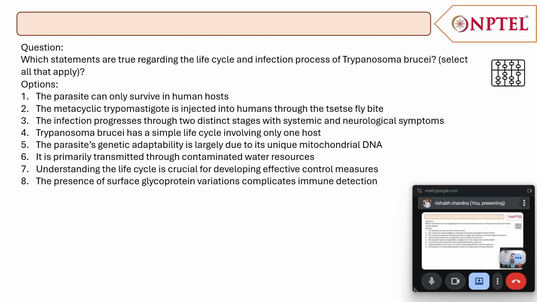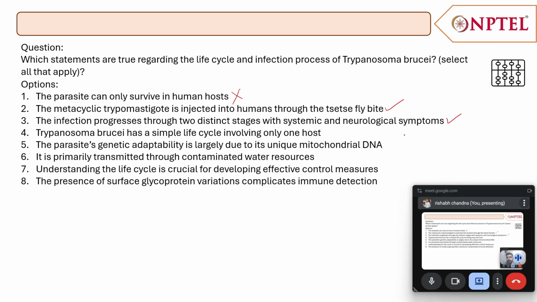Okay, so let's see the options. The parasite can only survive in human host. No, it can survive in the tsetse fly also. Then the metacyclic trypanosome is injected into humans through the tsetse fly bite. Yes, this is correct. The infection progresses to two distinct stages with the systemic and the neurological symptoms. Yes, this is also correct.